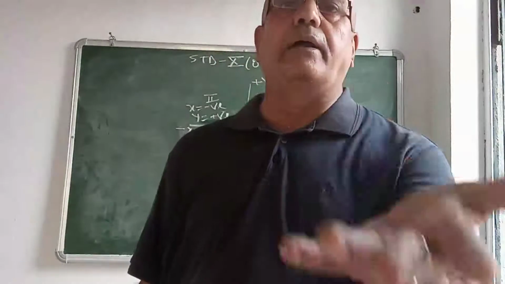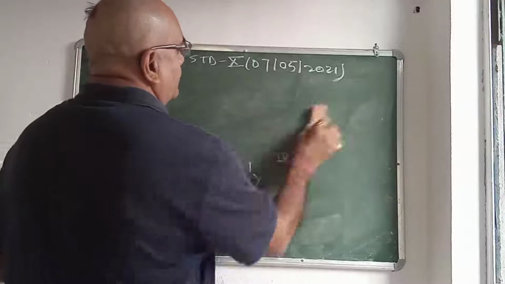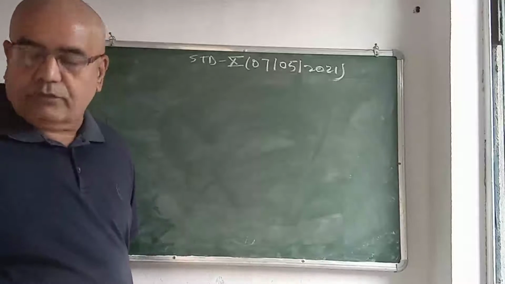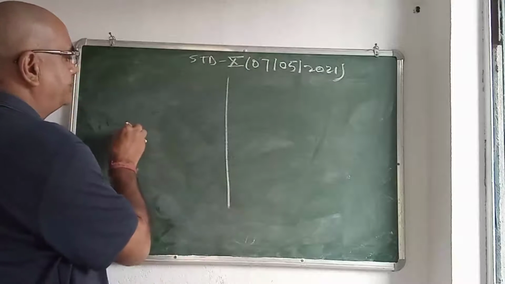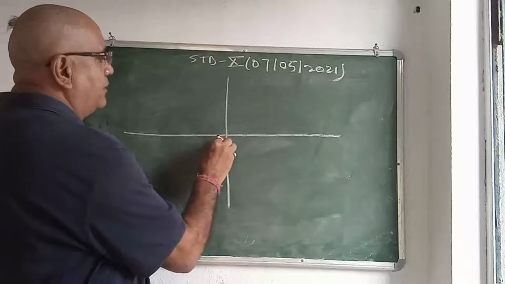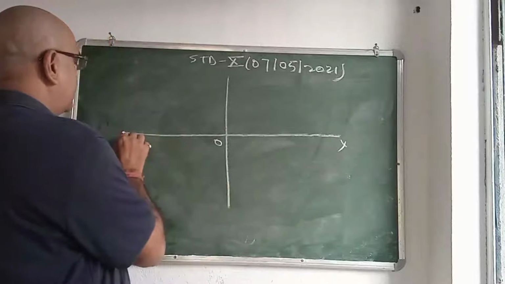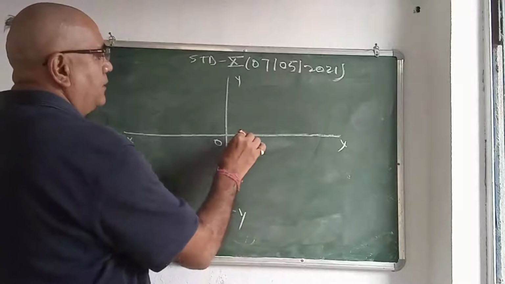Now, a question will be given. I am taking a question of my own, not from the book. So you follow this one first, then you can take the question from the book. Suppose this is the graph I have taken. This is the origin, x-axis, minus x, y, minus y.